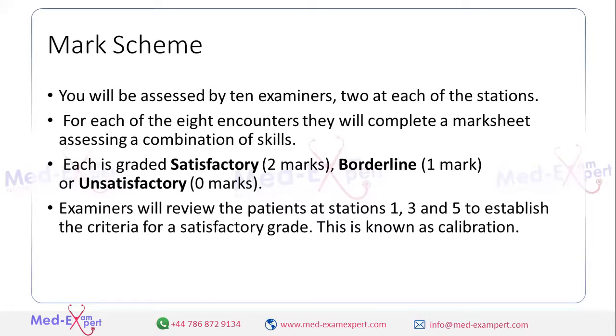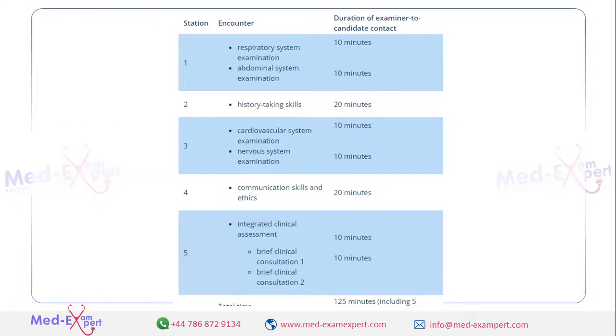So it's very important. A patient may have 5 or more physical signs, but all of them may not be graded. Usually the hard clinical signs are graded, and a few of the soft clinical signs may not be graded.